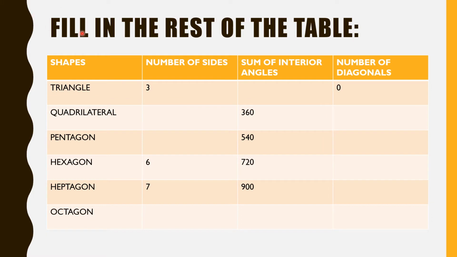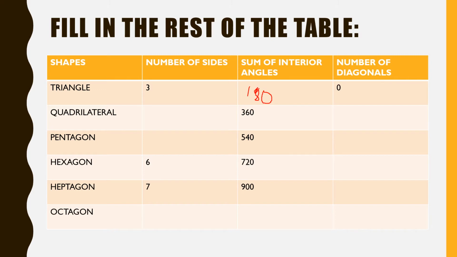Now let's fill in the rest of the table. For example, for a triangle, we have 3 sides, and there is no diagonal. If we are going to solve for the interior angle, that is 180 degrees.